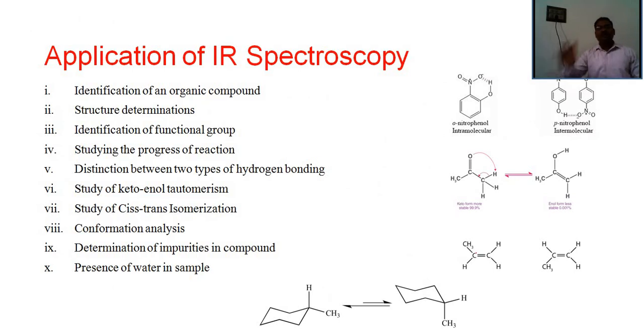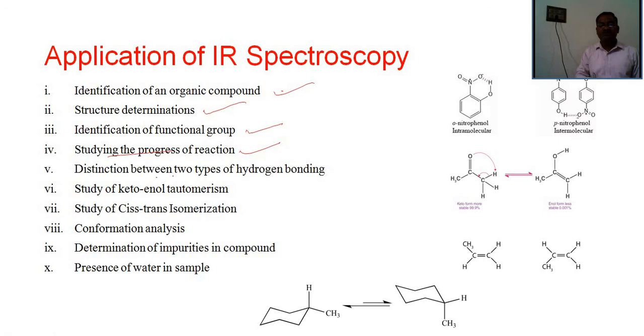What are the applications of IR spectroscopy? IR spectroscopy is generally used for identification of organic compounds. It is useful for structural determination and identification of functional groups. It is very useful for studying the progress of a reaction.